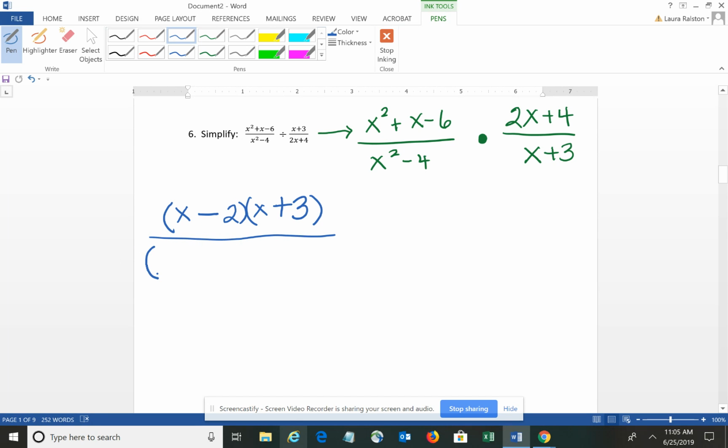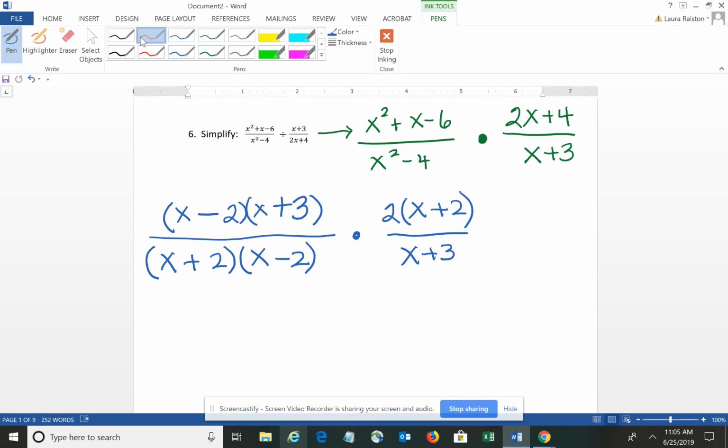X squared minus 4 is the difference of two squares. It factors as x plus 2, x minus 2. 2x plus 4 has a common factor of 2, so I'm going to factor that out. And then finally, x plus 3 does not factor at all.